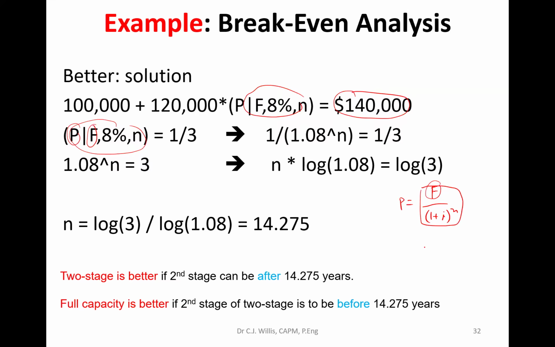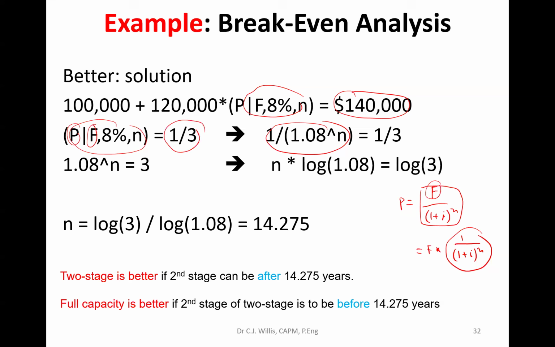So that means future multiplied by the factor, which is 1 divided by (1 plus i) to the power of n. This is the factor, which is 1.1 divided by 1.08 to the power of n, and you don't know the n. That is basically 1 by 3.